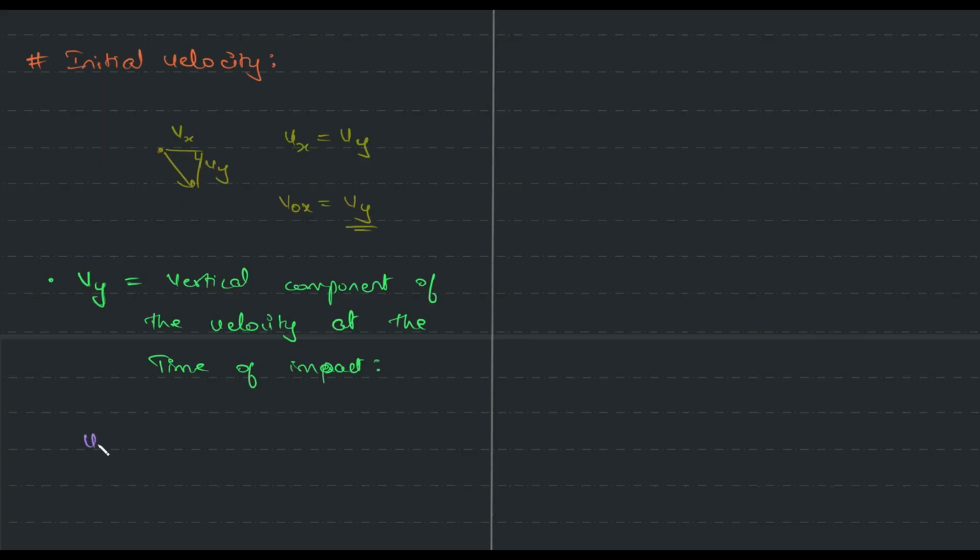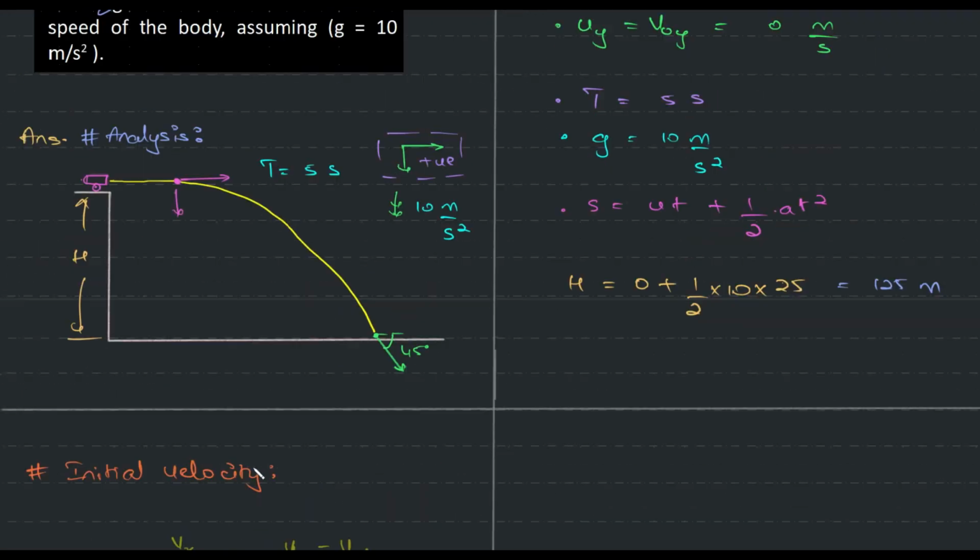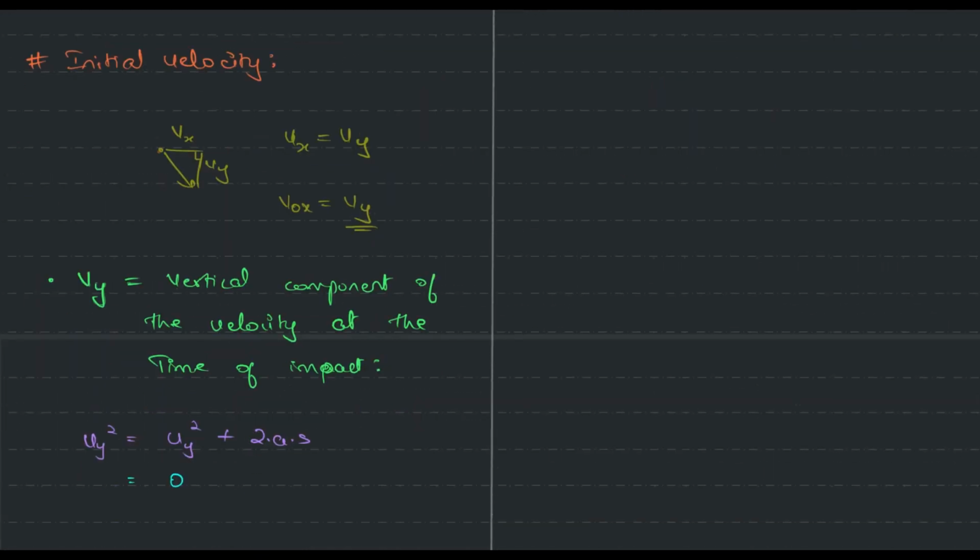I can figure it out with vy square is equal to uy square plus 2as, but I have to take a square root, which is not good. v is equal to u plus at, and time of flight is known. That is better. So vy is equal to uy plus a into t: this is 0, this is 10, and this is 5. So vy is equal to 50 meter per second.